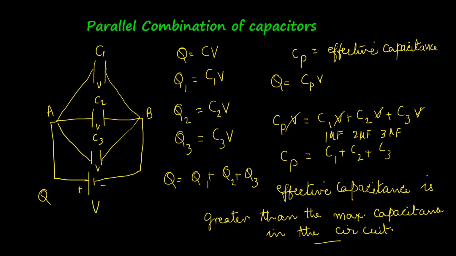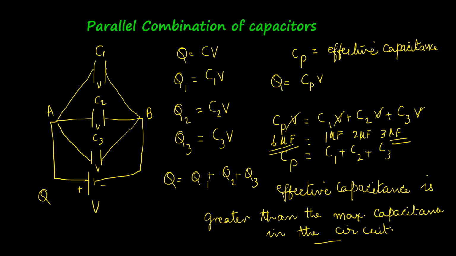Then the effective capacitance Cp will be the total of this, 3 plus 2 plus 1, that is 6 microfarad. The greatest capacitance is 3 microfarad in the circuit. The effective capacitance is much greater than 3. In this case, it is double that of the greatest capacitance in the circuit.